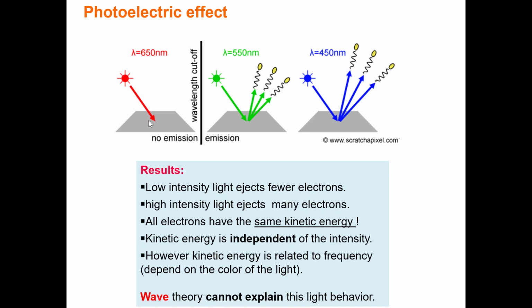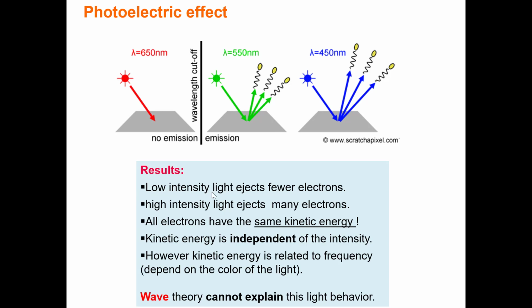One thing they observed is that when they irradiated the metal with the red light, there was no emission, no current in the circuit. But when they irradiated the metal with the green light or the blue light, they had some emission. Then they were able to measure some current in the circuit, and these were the results.